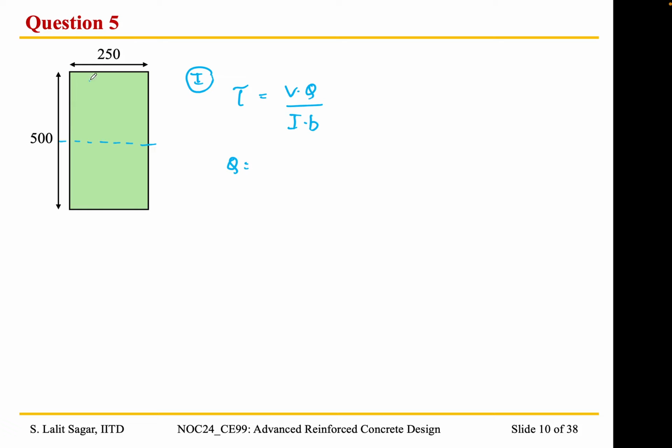So we consider this part of the cross section and take the moment of that part of the section about the XX axis. So Q would be 250 by 250, taking moment about the axis XX, 250 by 2. Let me calculate that value.